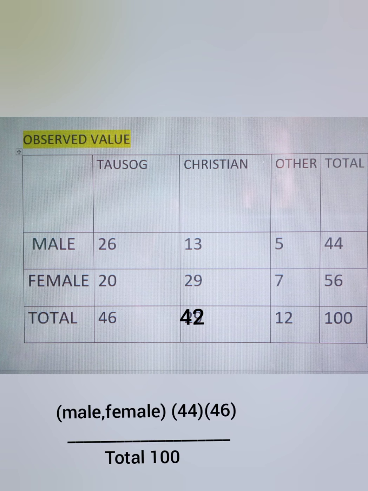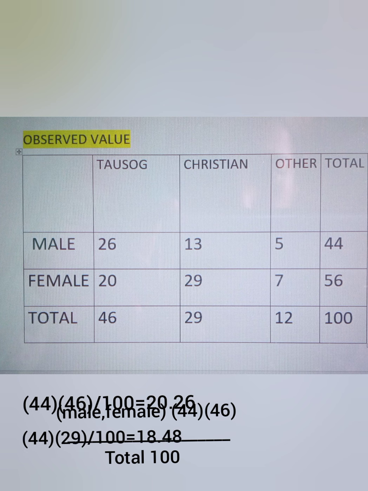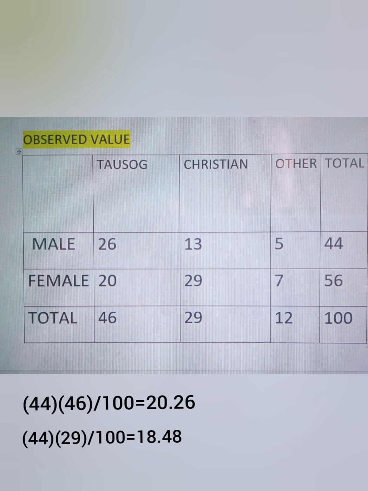For example, 44 times 46 divided by 100 overall total is equal to 20.24. 44 times 29 divided by 100 is equal to 18. Just do all the remaining to get the expected value.